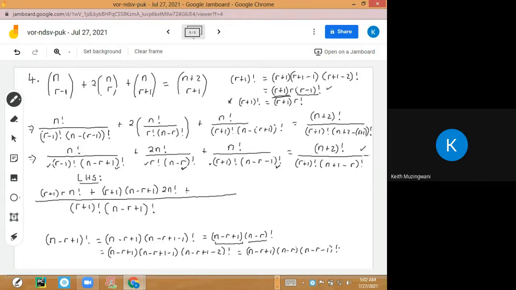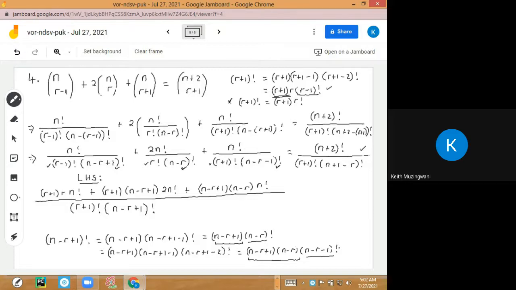Then the other one, only this piece will be taken away. This whole piece here will remain. So you have n minus r plus 1 multiplied by n minus r, which is being multiplied by n factorial on top there.